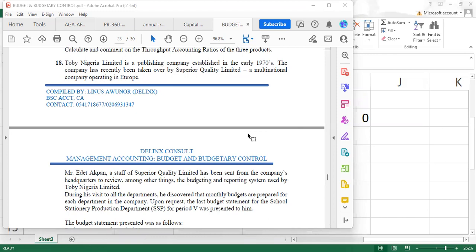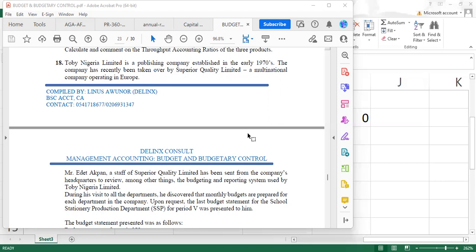Toby Nigeria Limited is a publishing company established in the early 1970s. The company has recently been taken over by Superior Quality Limited, a multinational company operating in Europe. Mr. Edith Akpan, a staff of Superior Quality Limited, has been sent from the company's headquarters to review, among other things, the budgeting and reporting system used by Toby Nigeria Limited.